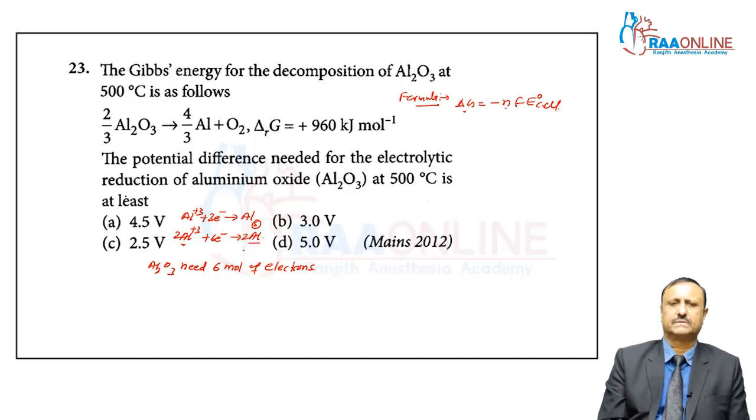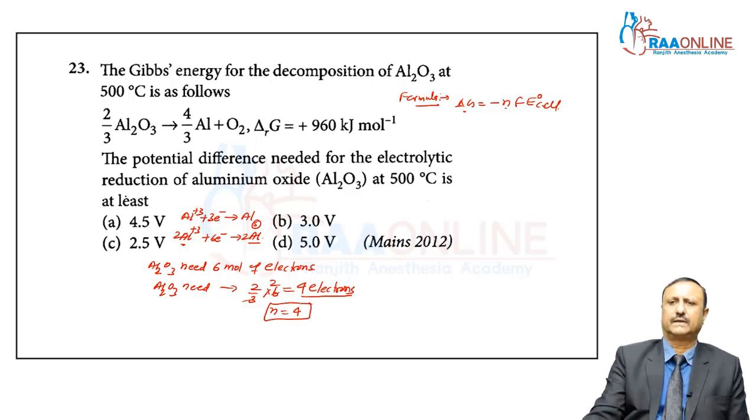So 1 mole of Al2O3 requires 6 moles of electrons. So 2 by 3 mole of Al2O3 needs how many electrons? That is 2 by 3 multiplied by 6, which means 4 electrons. So, my dear students, n is equal to 4 in this reaction.